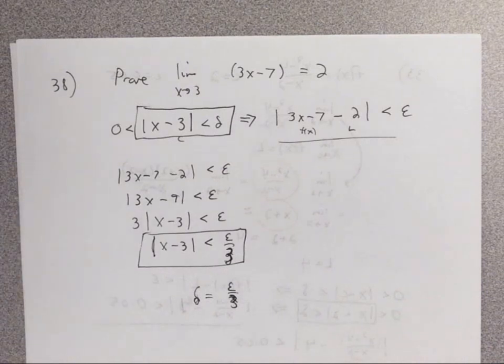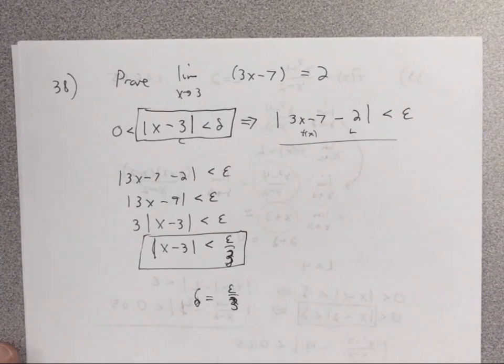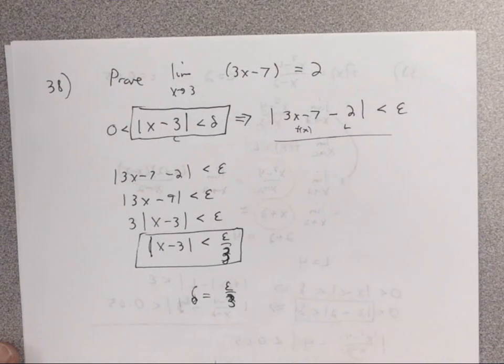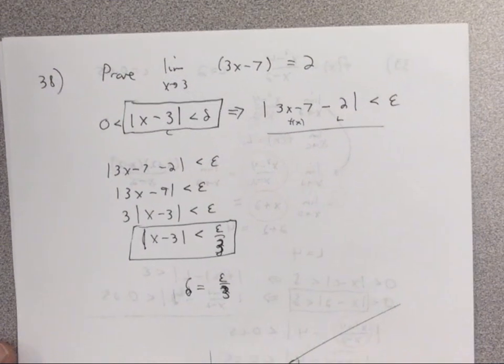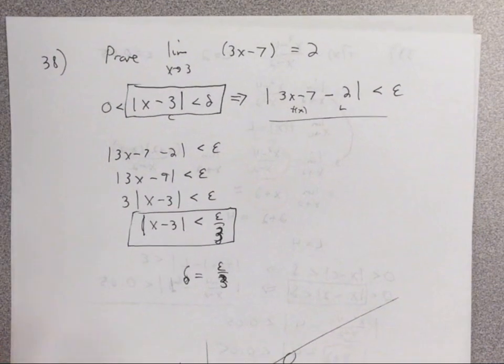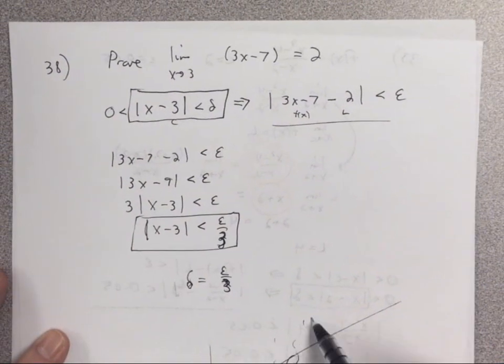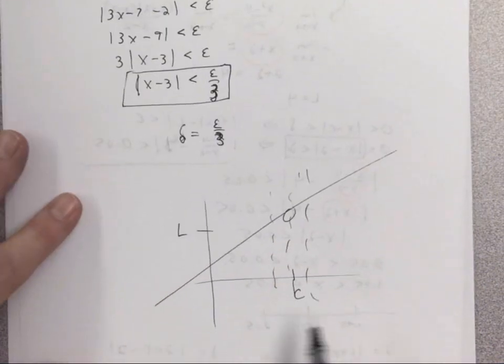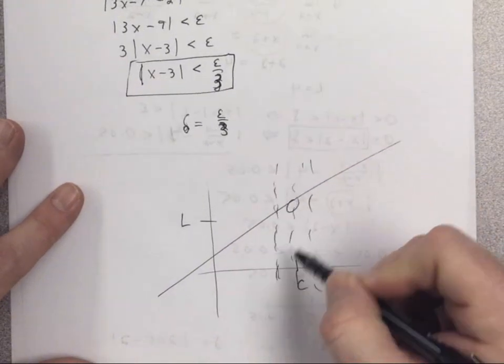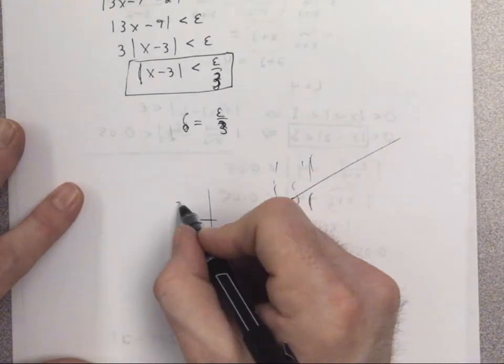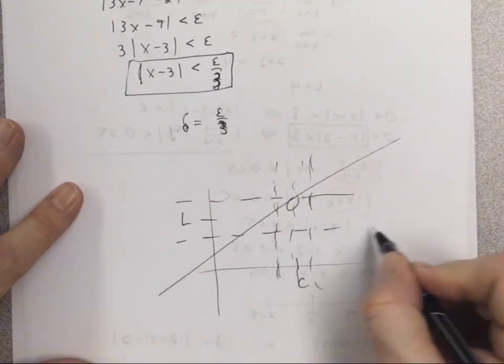So let's make sure what this means. The idea of a limit says, as this shrinks about my c, then this has to shrink around that L. You guys agree?